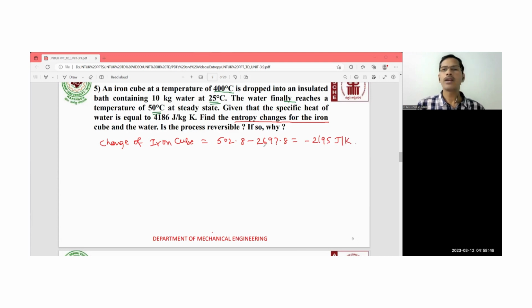What has happened here? Heat lost by the iron cube. So it is minus sign, heat lost by the iron cube.